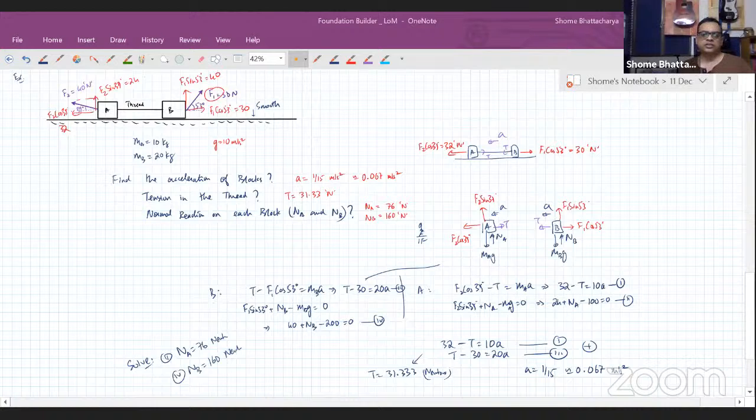So this is the thing you have to practice now, making the FBDs correctly. You have to practice this, which is why I'm giving you some revision questions to do today.